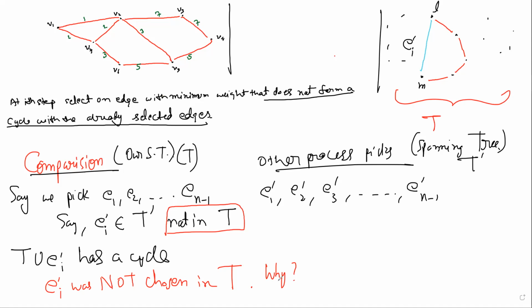Yes, that's right. It must have been forming a cycle. Otherwise, it would have been picked. That's because our algorithm is very simple. That's the beauty of having a simple statement, right?